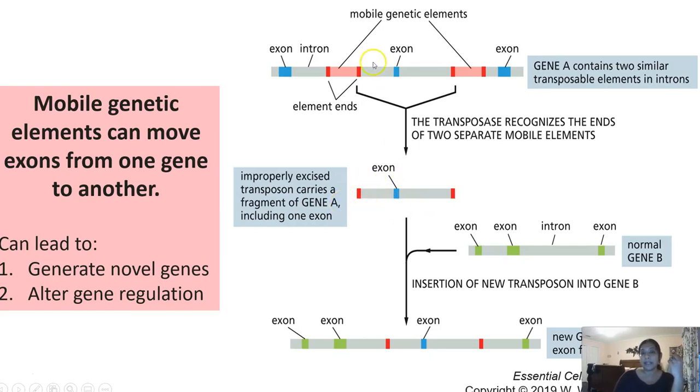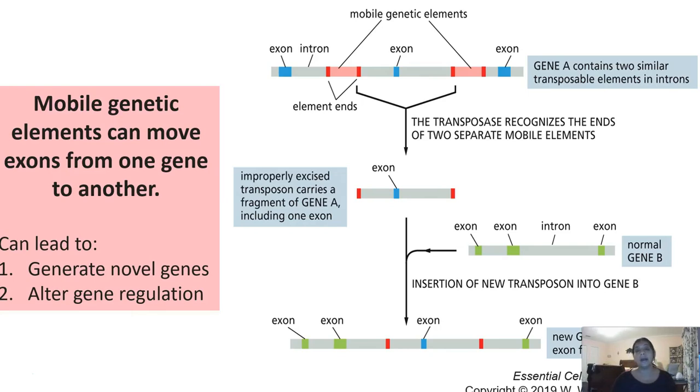It has a fragment of DNA that contains introns, but also contains one of the exons from that original gene A. So that original gene A is now disrupted, because when it becomes a transcript, it will be missing a big chunk, and it's going to alter the protein that comes out of it. Maybe no protein will be made, or if it is made, maybe it will be truncated or be missing a large domain.